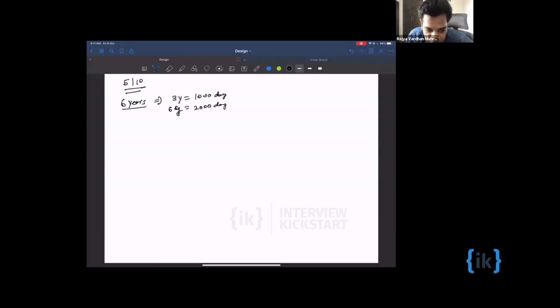So if we want to calculate for 6 years, we have to just multiply 2000 by 20 terabyte.